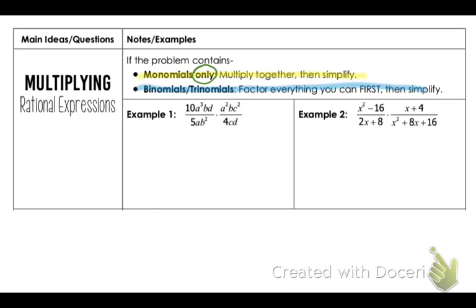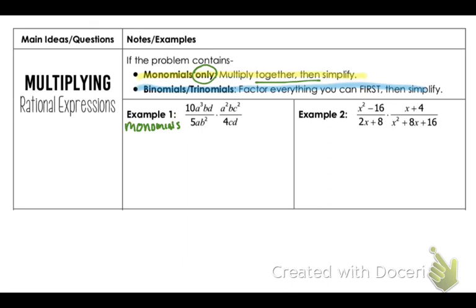So if you look at example number 1, this right here, that is one term because there's no plus or minus separating them. Again, you have one term, and one term. So all of these are monomials. Because on example 1 we have monomials, that means you're going to go ahead and multiply everything together.